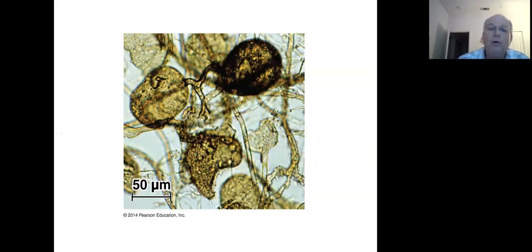So that is a lot more recent than when we think the divergence between animals and fungi occurred from their common ancestor. So we may never truly know when fungi and animals diverged from their common ancestor. All we can say is that by 440 million years ago, we definitively have fungi that we can identify through the fossil record.